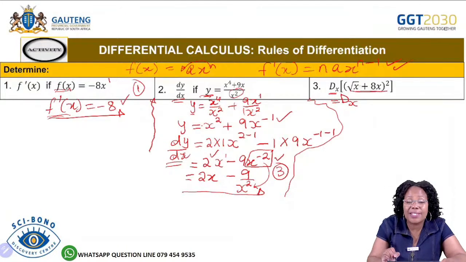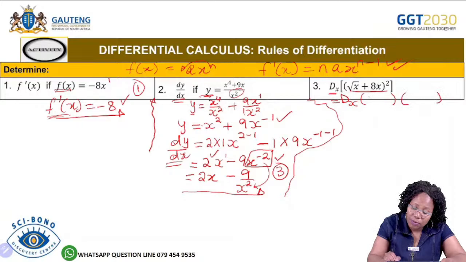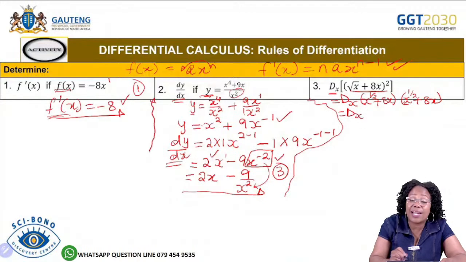And then now we are dealing with the brackets now. We are having 2 brackets. Remember, square root of x is x to the power half. And then we have a plus 8x, and then x to the power half, and the plus 8x there. And then now, busy multiplying the bracket, you still write your d/dx, grade 12. It must not disappear yet.